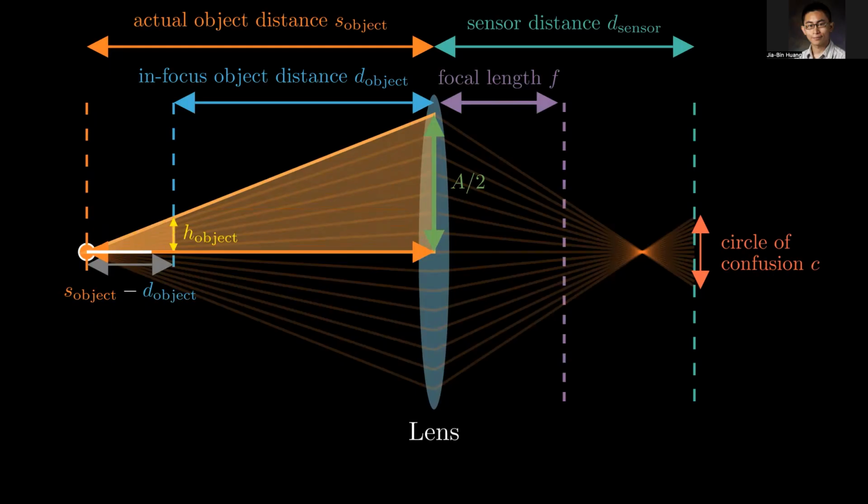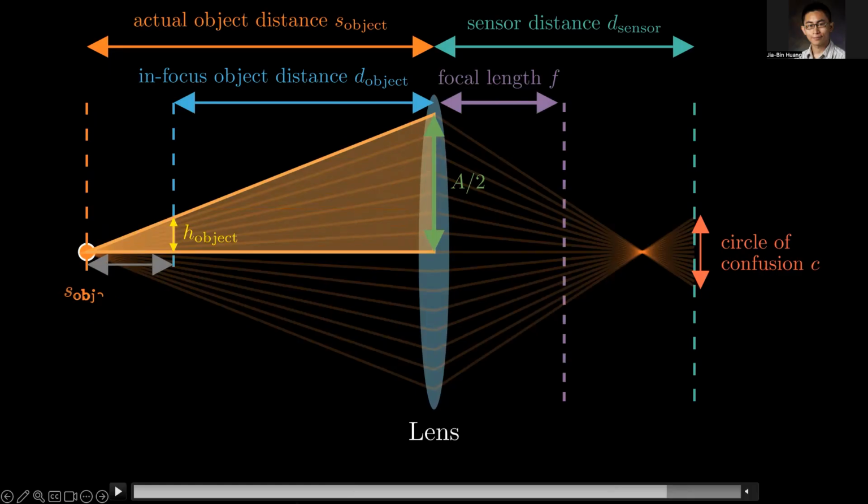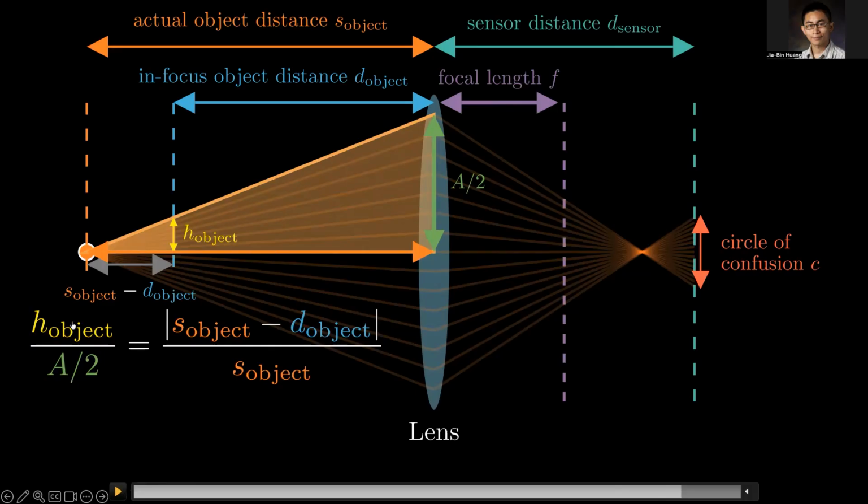You know that these two triangles are similar, which means the ratios are the same. So basically you can write this down in this way, with the object height and the aperture and so on.